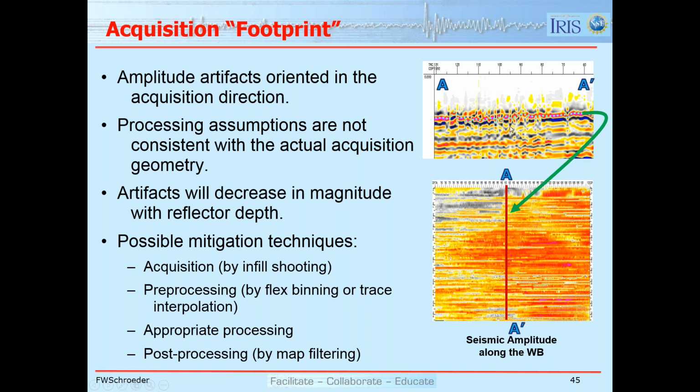If I were to ask the computer, show me the amplitude values for that water bottom reflection, the cyan horizon, this is what it would look like in map view. Line A to A prime is here, A to A prime. And what you see in here is lineations or striations or stripes that are oriented east-west.